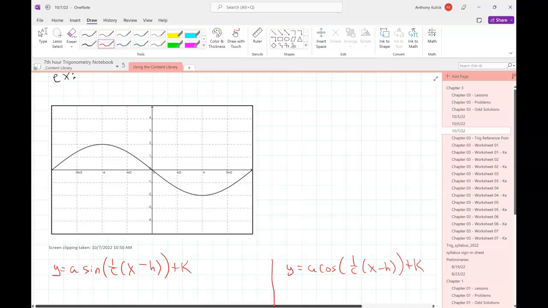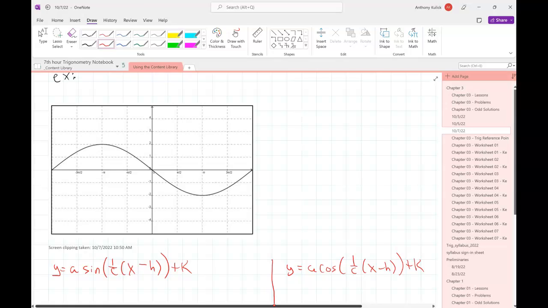Okay? We're going to write both answers for the examples that we do, just so you can see how to do it both ways. Everybody's cool? So to fill this in, I need to figure out values for A, C, H, and K. Does that sound good? Good, I agree.